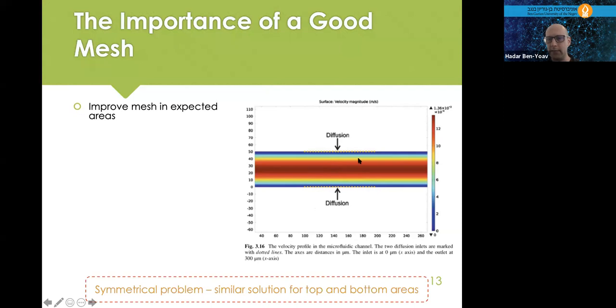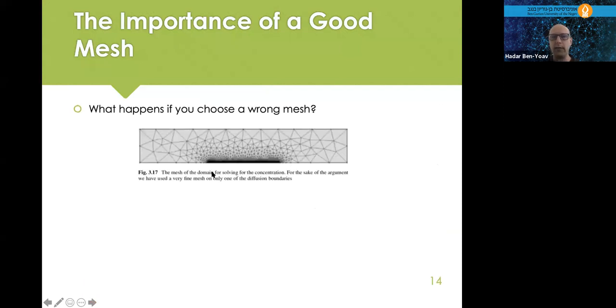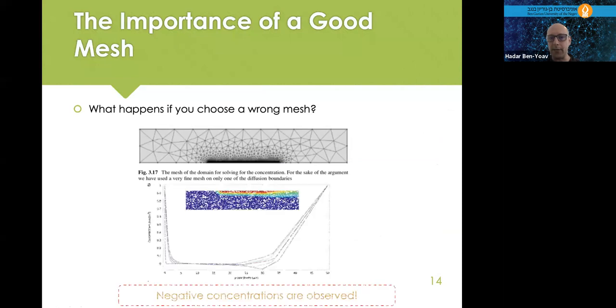So when we use a non-symmetrical mesh, a wrong mesh, what we see is that we have high concentration on one side because this is where the concentration arrives. We have the high concentration, and then it goes down into a minimum because this is the middle of the channel.